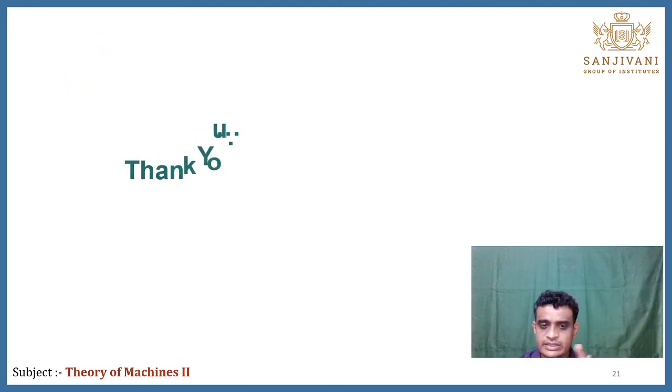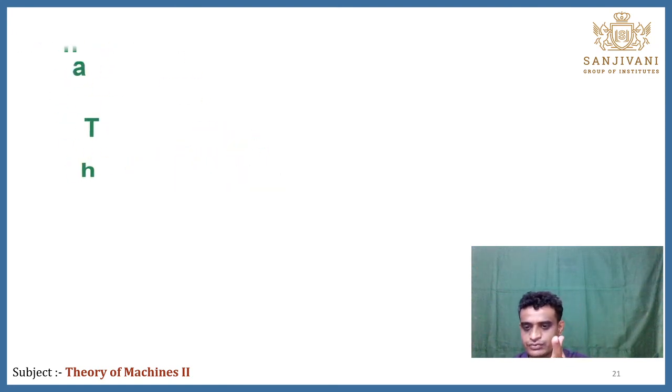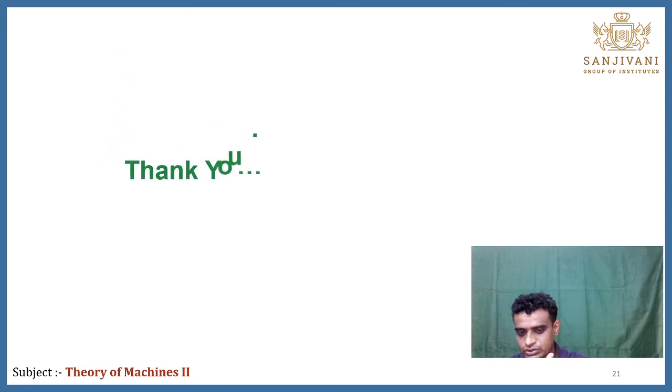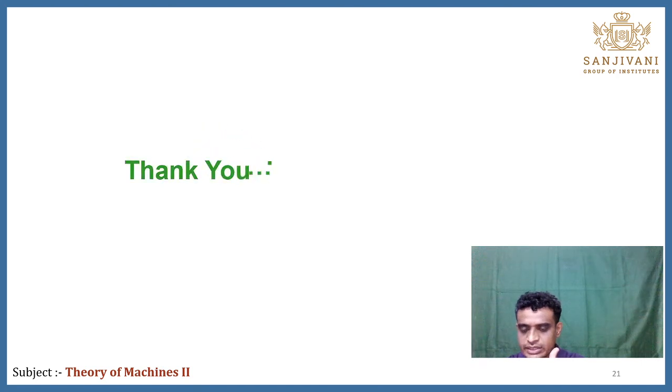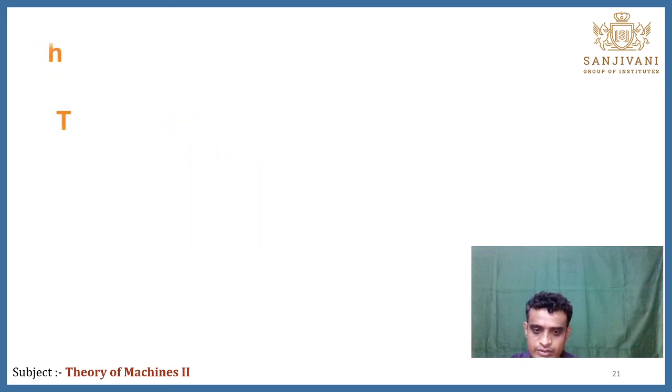Then we have studied there are three axes. One is the axis of spinning, the second one is the axis of precession, and the third one is the axis of gyroscopic couple. These three are perpendicular to each other. Then we have started with how to use the right hand thumb rule to orient that velocity vector, and we have ended with the gyroscopic effect on the aeroplane.